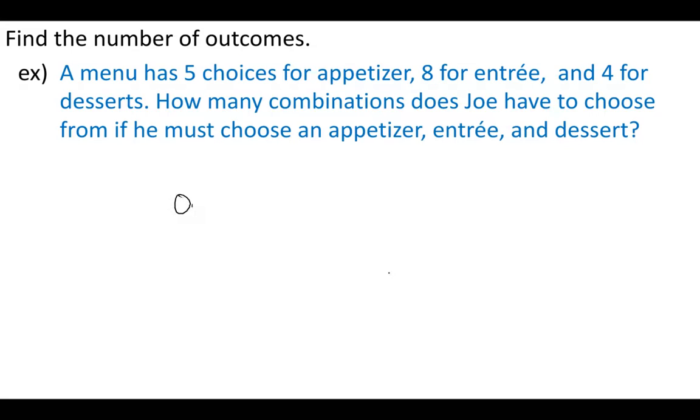The number of outcomes is simply the product of those 3 numbers. 5 for the appetizer times 8 outcomes for the entree times 4 for the desserts. 5 times 8 is 40. 40 times 4 is 160. So 160 different meals you could theoretically design from those three things.